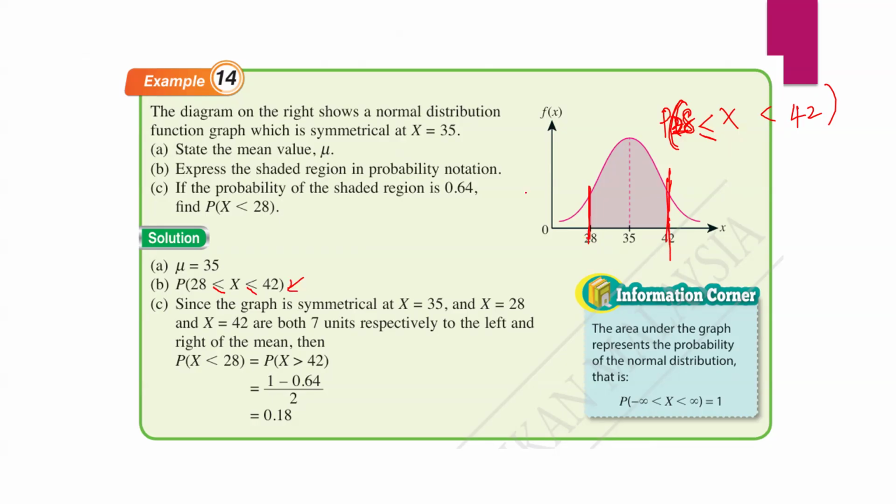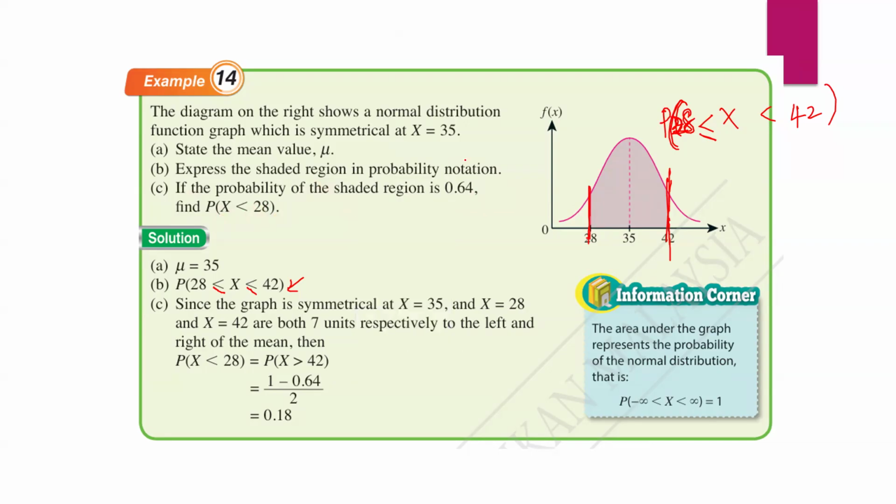Next, look at question C. If the probability of the shaded region is 0.64, so the value under here is 0.64. Find the probability of x less than 28. So let's check.